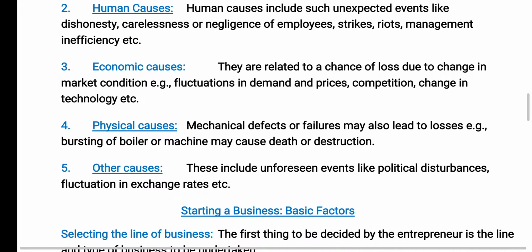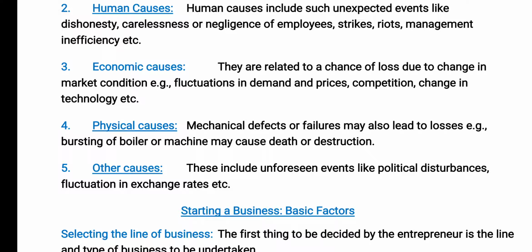Now, the next one is economic causes. Economic causes are those causes which are related to a chance of loss due to change in market condition, like fluctuation in demand and prices, competition, change in technology, etc. I will give you one example.